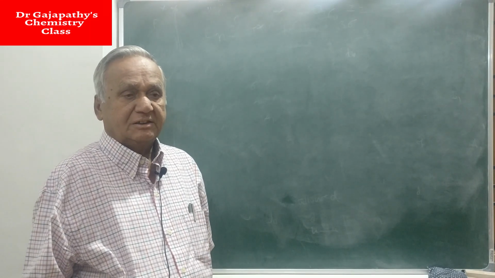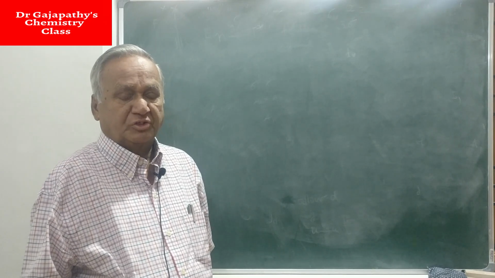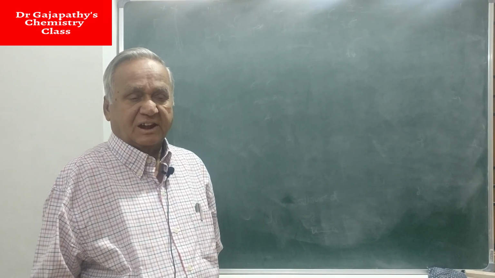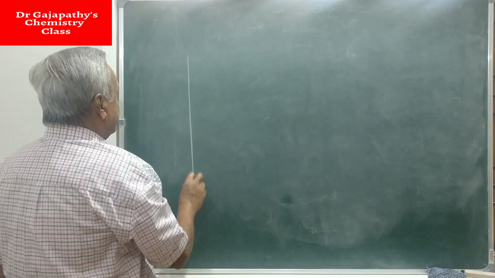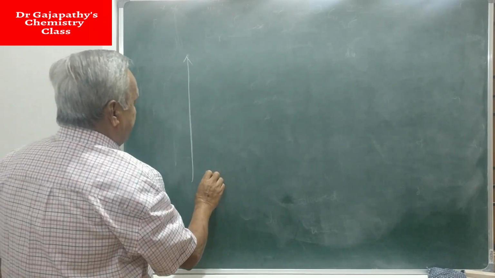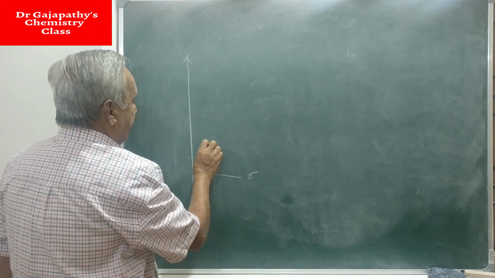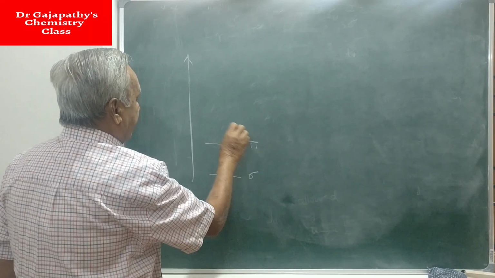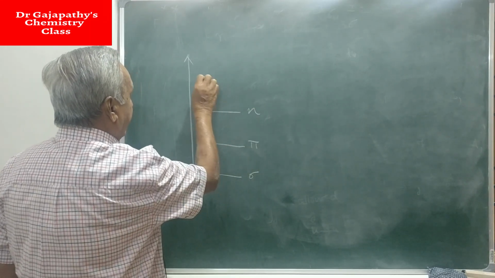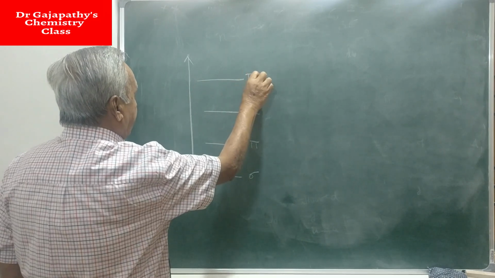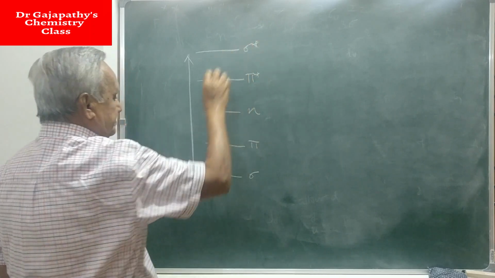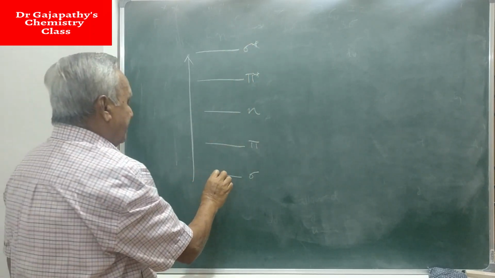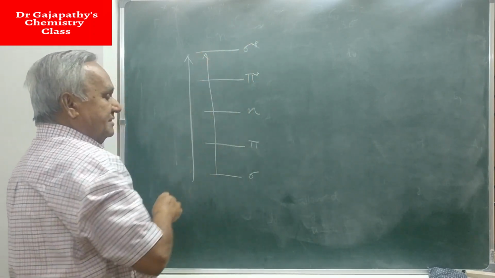You know that in chromophores, electronic transitions can take place. The possible electronic transitions are: a sigma to sigma star transition can take place.